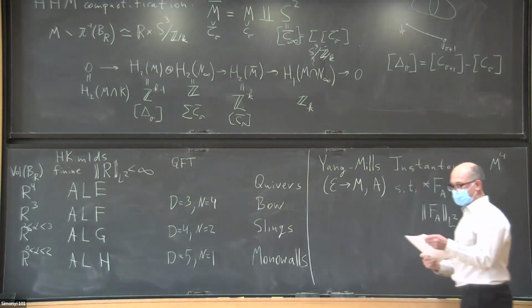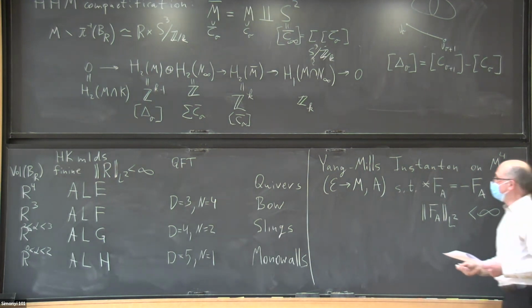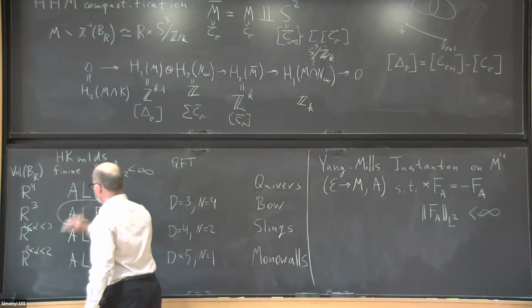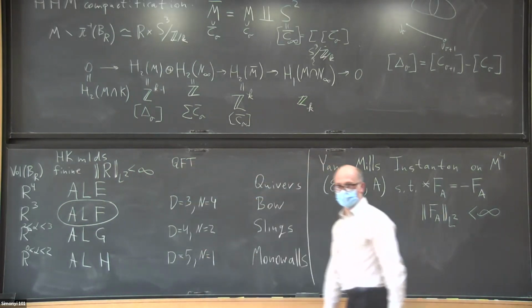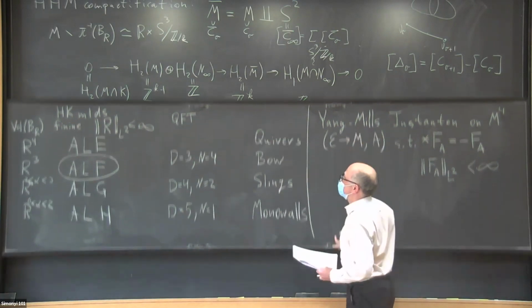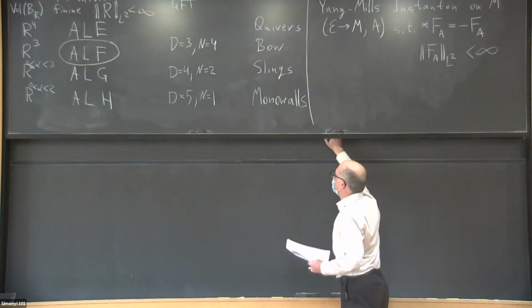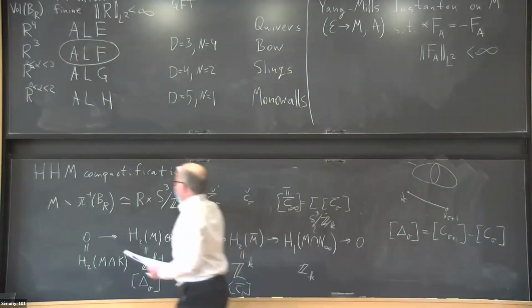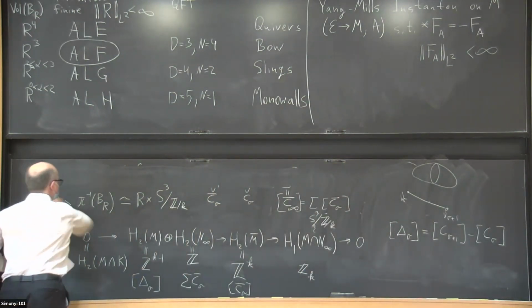So next, let me try to sketch what we know about instantons. For concreteness, we'll specialize to ALE spaces. Sorry, I'm going to generalize to any ALX space, and describe what instantons are, what we know about them.